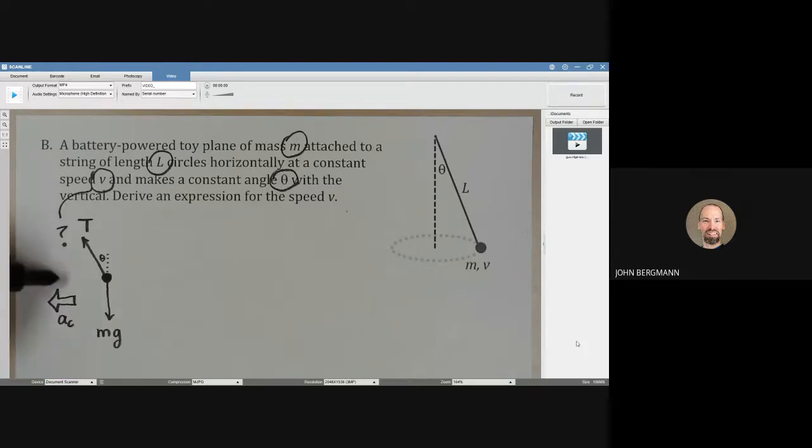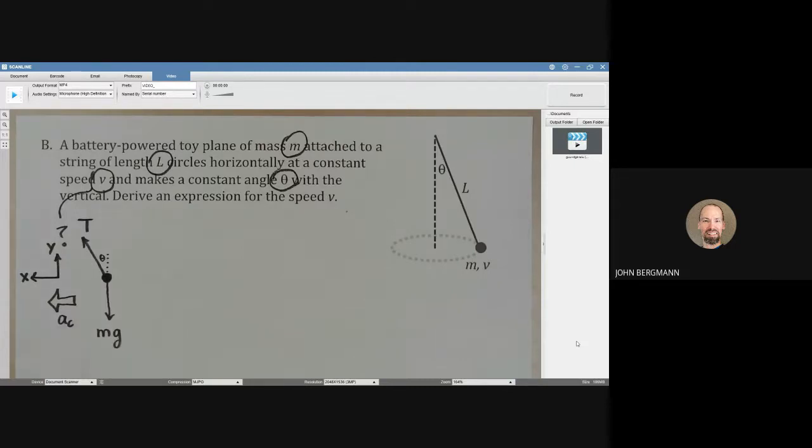So I'm going to make my x-axis point in that direction, and then I can make my y-axis point up there. The fact that that's not a right-handed coordinate system doesn't matter. I'm just using that for reference. The reason I bring this up is because many times in my first year physics class that I teach, we have to break the weight into components a lot because we're talking about inclined planes.